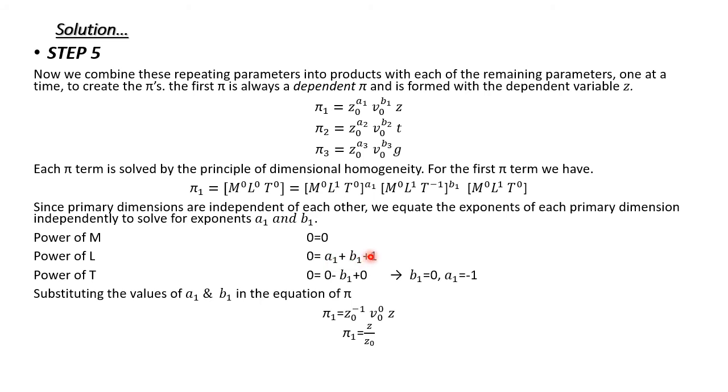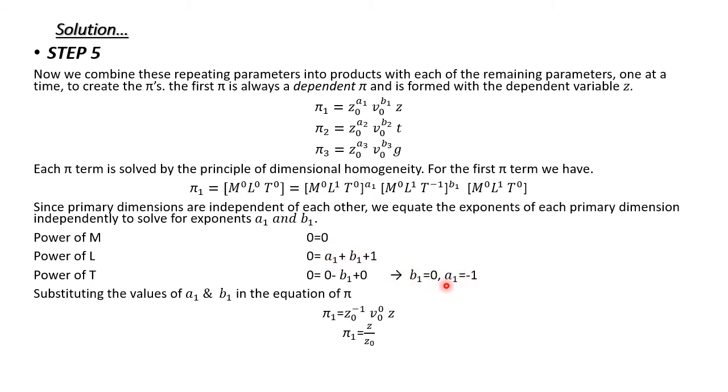Now let us compare the power of T. On the left hand side it is 0. T to the power 0 and a1 is nothing but T to the power 0, and here I have minus 1 to the power b1, so it is minus b1, plus here it is T to the 0. So from this equation we get b1 is equal to 0. If I substitute b1 equal to 0 in the above equation, a1 is equal to minus 1.